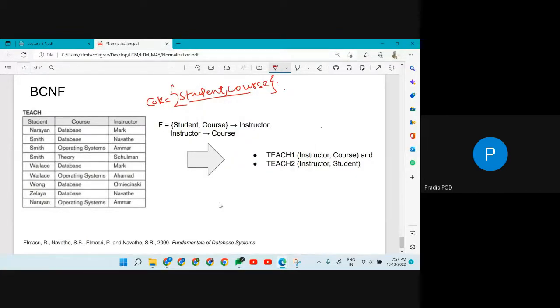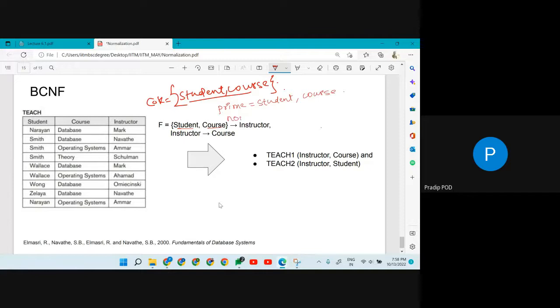So this is the candidate key, student and course, right? Now you can see the prime attributes are student and course, right?